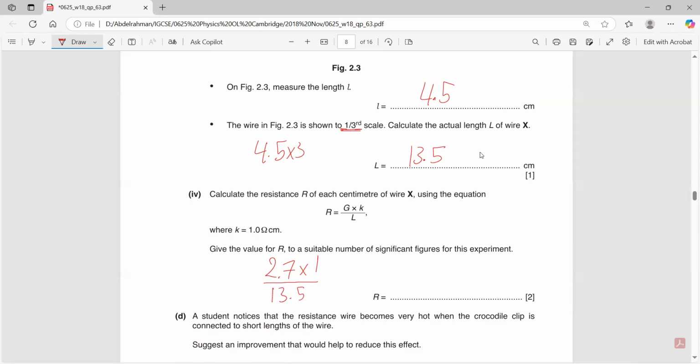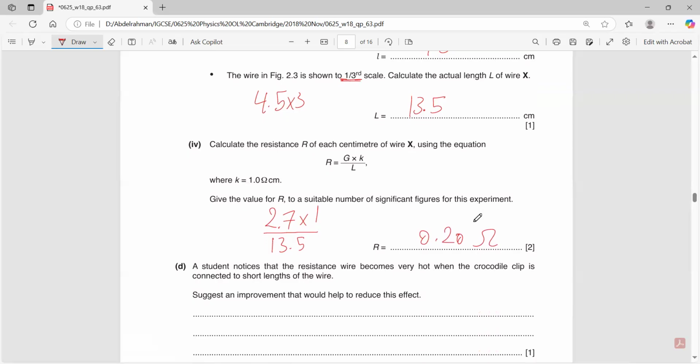What is 2.7 divided by 13.5? This is 0.2, or 0.20 ohms if you'd like. If your resistance is 0.21 or 0.19, this might be acceptable as well.